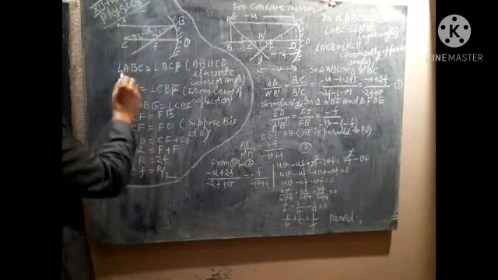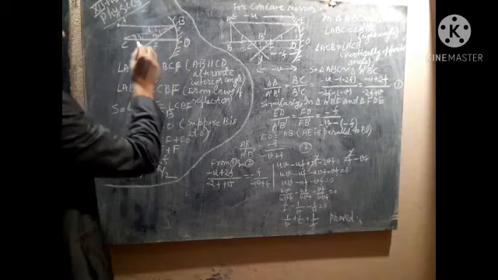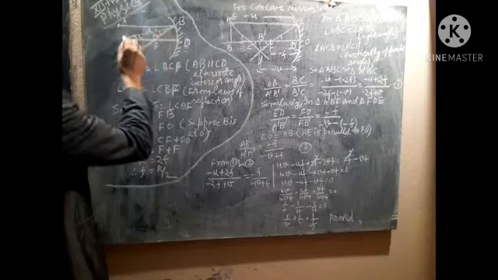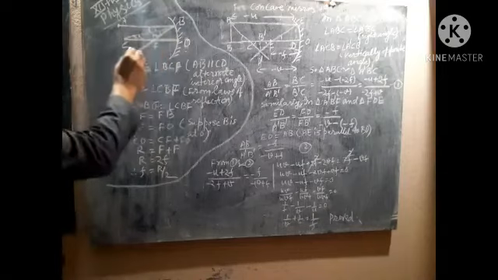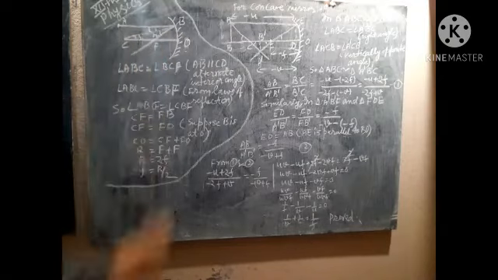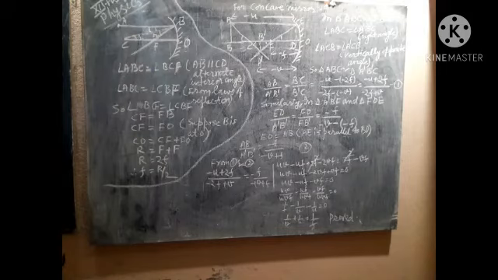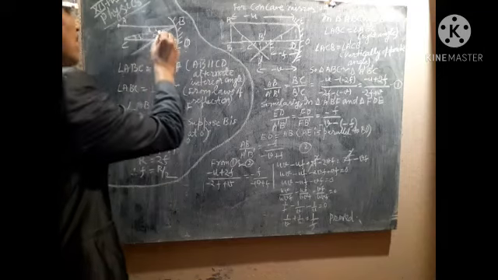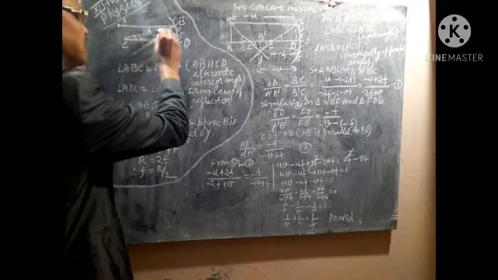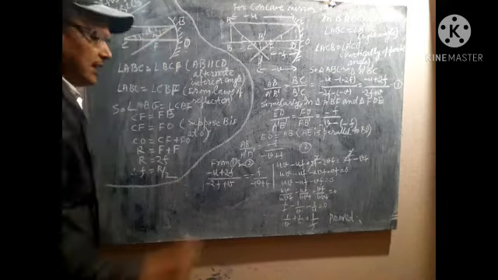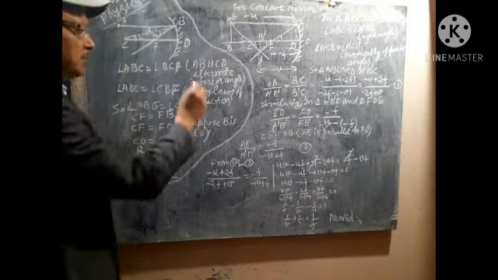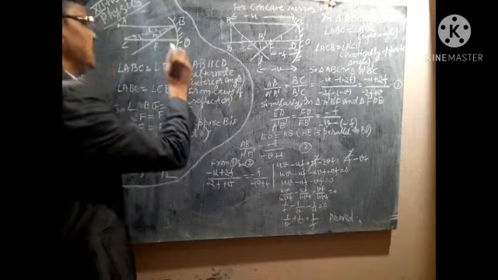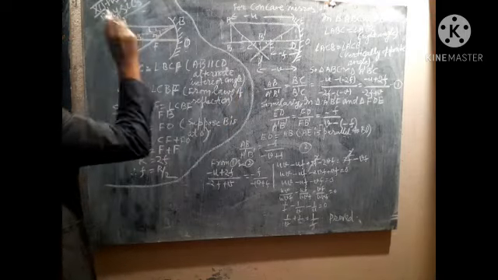Here I have written angle ABC is equal to angle BCF. What is the reason? AB is parallel to CO, and this is an intersecting line. So, if AB is parallel to CO, from alternate interior angles you can say this angle is equal to this angle.